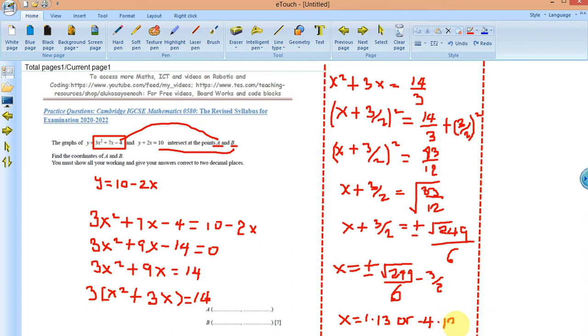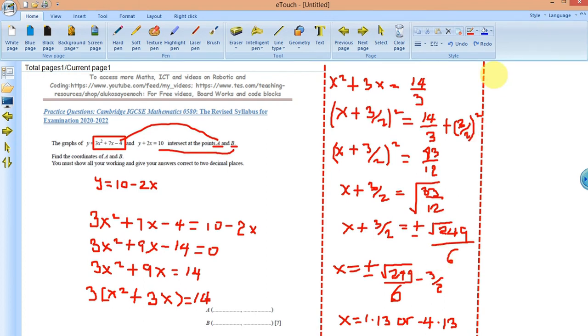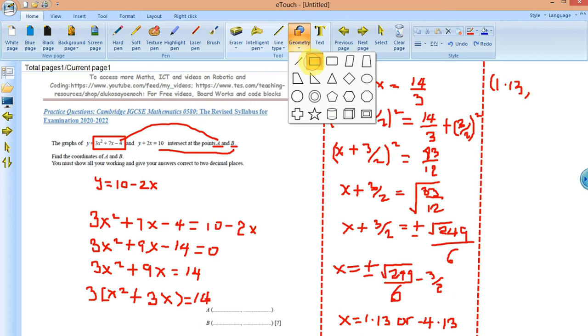Okay, now to complete this exercise, when x equals 1.13, what is the corresponding value of y? Let's take this linear equation here.